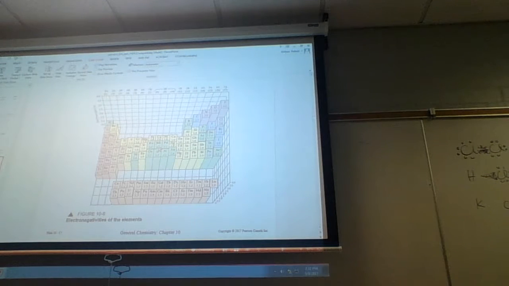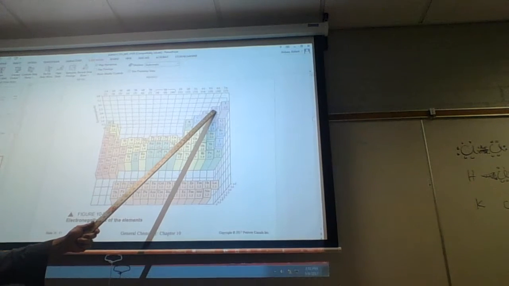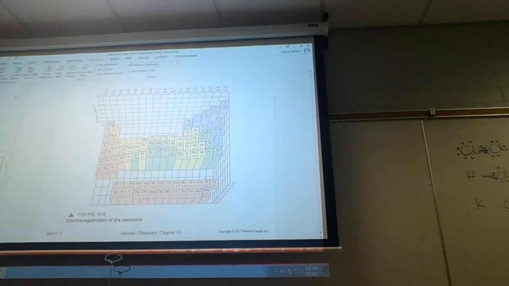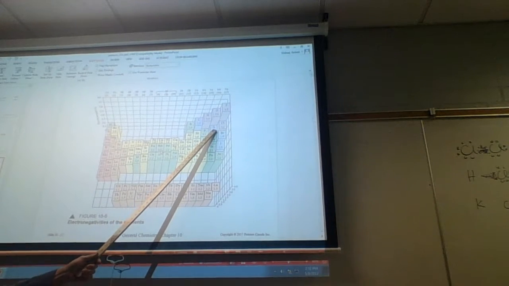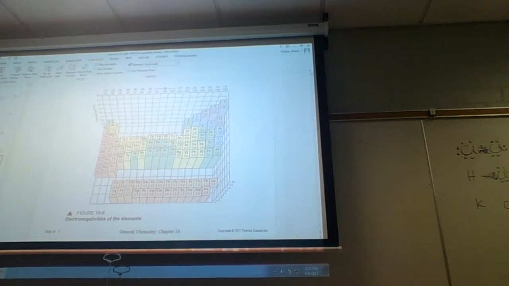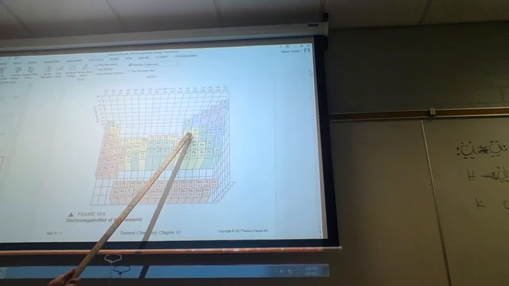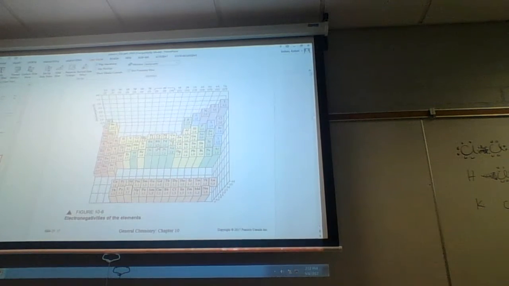So there are issues with this. One of the issues is these numbers don't come out accurate. So for example, if oxygen has a double bond versus two single bonds, the electronegativity changes. Or it depends on the sulfur. If sulfur has 2 bonds versus 6 bonds, its electronegativity is quite a bit different. And so there are other electronegativity tables which will give you a much more accurate picture of bonding.